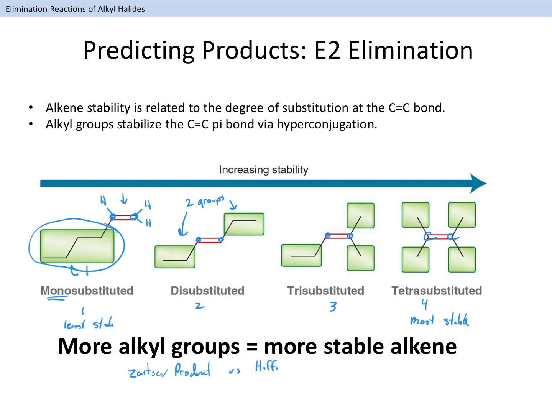This is due to the greater thermodynamic stability of the Zaitsev product compared to the Hofmann product. Before we practice with some examples, we have one additional concept to review: the stereoselectivity of E2 eliminations. We will cover that on the next page.